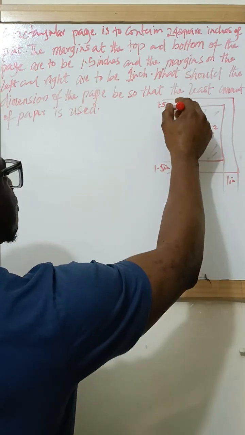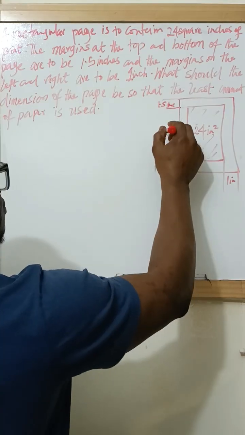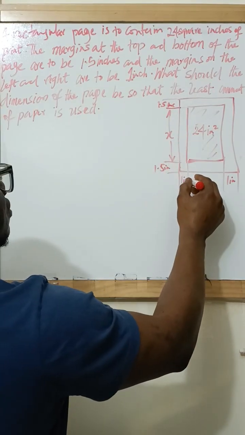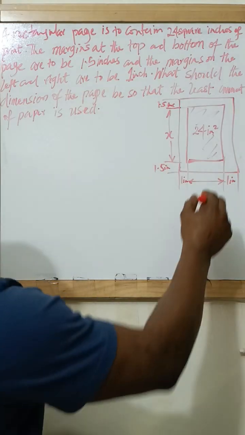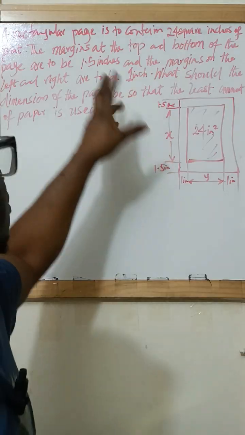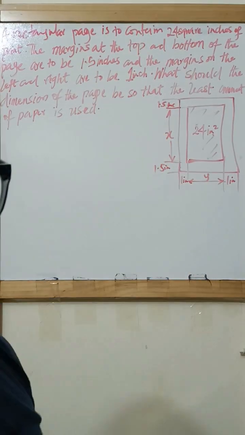So let's call this distance from here to here x. Then from here to here, let's call it y. So this is the description of this question here.